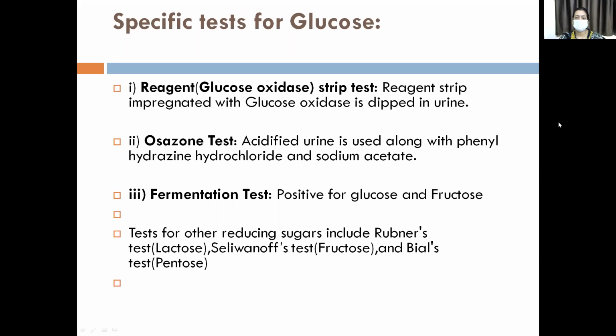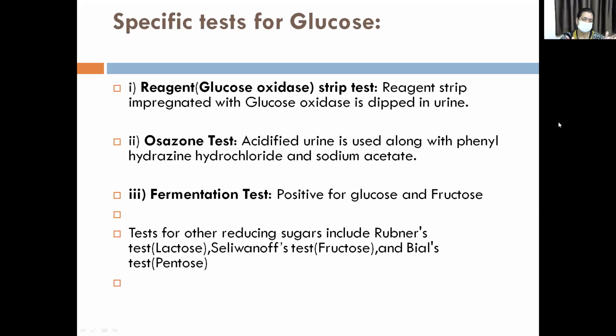Other specific tests are the strip tests that are usually done for screening. How is it done? It contains glucose oxidase that will give a color. In the osazone test, acidified urine is used along with phenylhydrazine hydrochloride and sodium acetate. Then the fermentation test, which is positive for glucose and fructose. Then there are other tests for reducing sugars. Just remember these names.